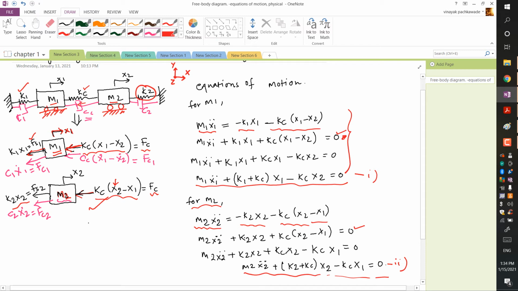And there is this force which can be written as cc times the difference between the two velocities, and that will be Fcc. So c1 has Fc1, the force due to c2 is Fc2, and the force due to cc will be Fcc.